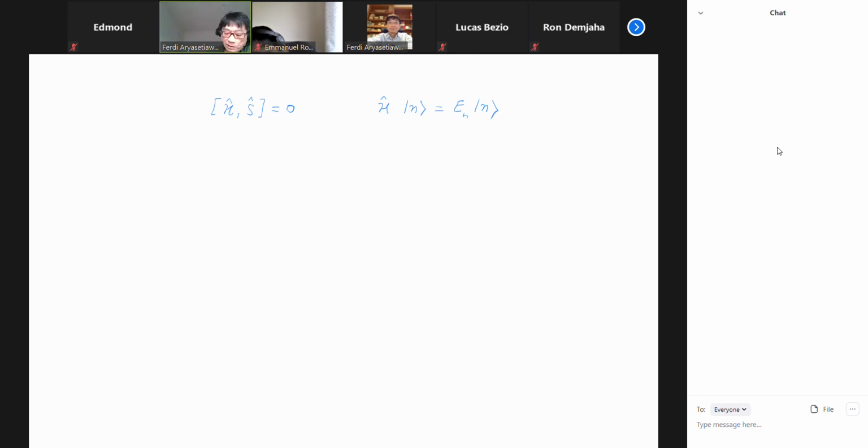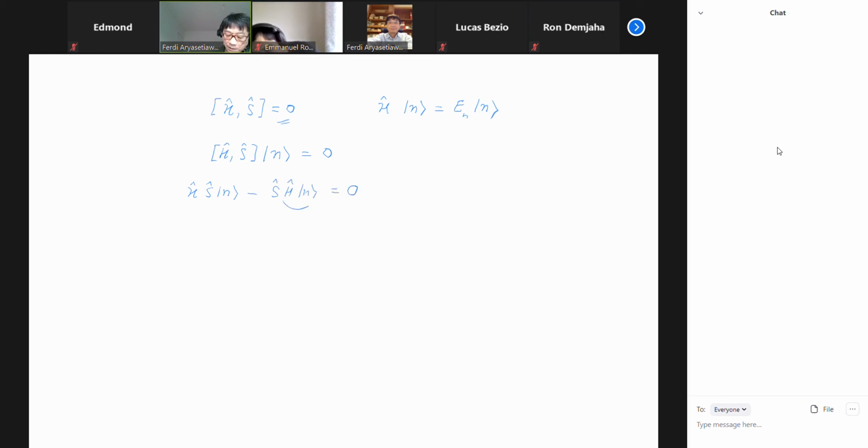So now if we apply this commutator onto this eigenstate n, well, that's of course 0. And if you open up this commutator, then we get HS minus SH, and so that is equal to 0.